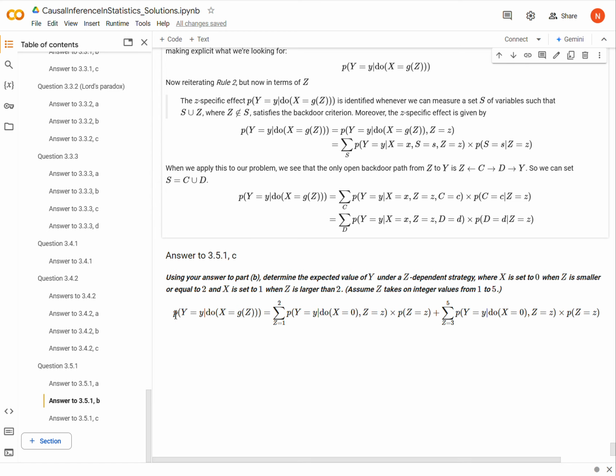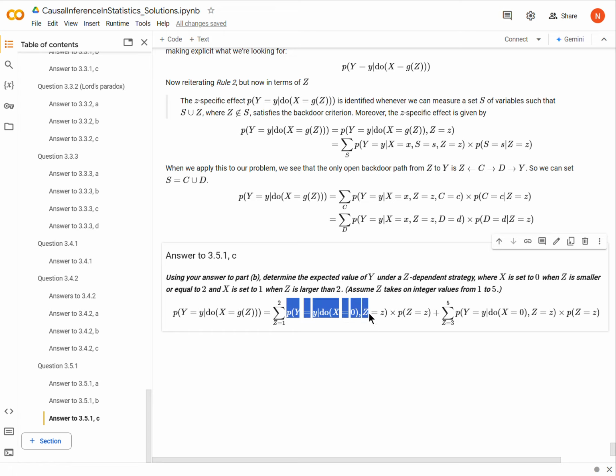So I have the probability of y given that x is a function of z. I have this particular expression where I'm setting x equal to 0 whenever z is 1 or 2. So I'm summing over z equals 1 and 2, and when that happens, x equals 0.